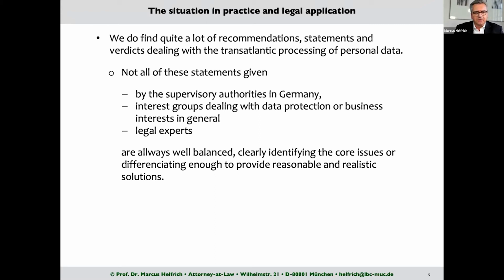So in public, in companies, or in industry, there is the feeling that we are working on an insecure basis, because we do not know whether we are allowed to transfer data or not, or under which conditions.